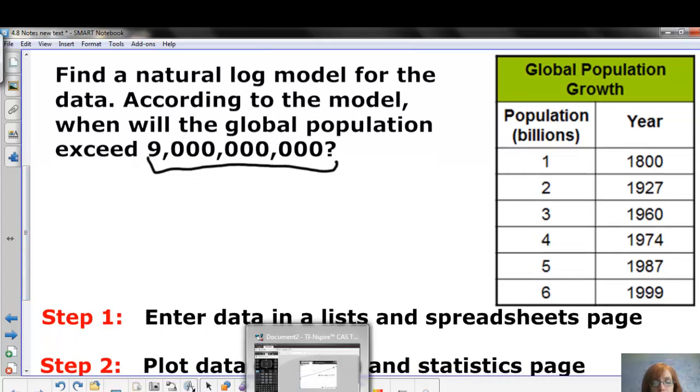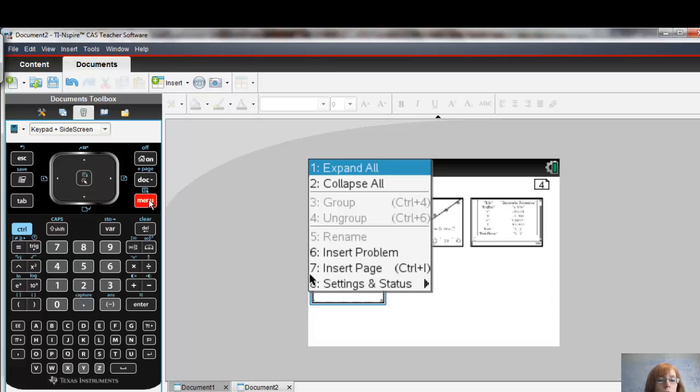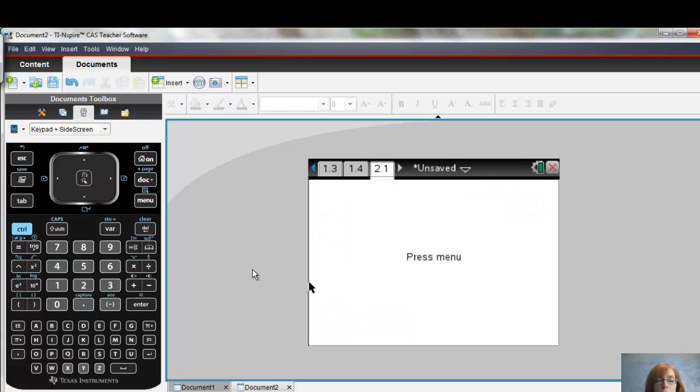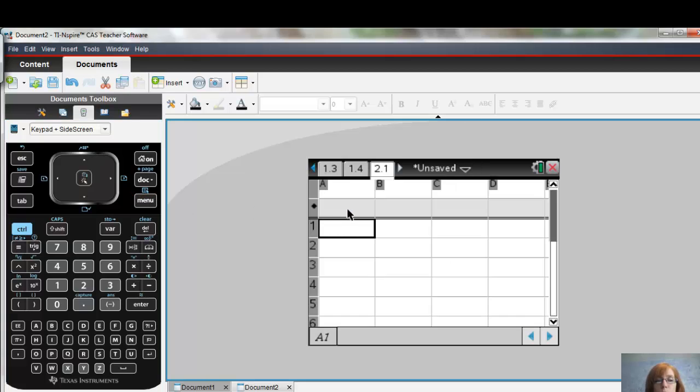So let's do that. Go to a calculator. I did Control up click because I want to add a new problem to this same document I'm on. You might want to do the same. Control up click, then you push menu and you say insert a problem. Notice I'm now on problem 2, and it says press menu, which I will do, and I'm going to choose list and spreadsheet.